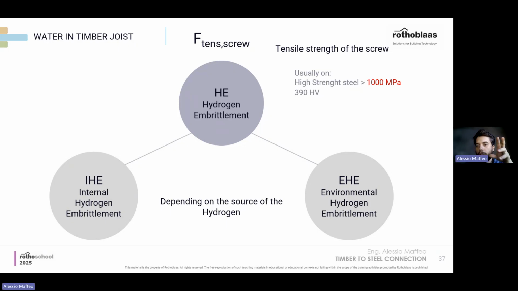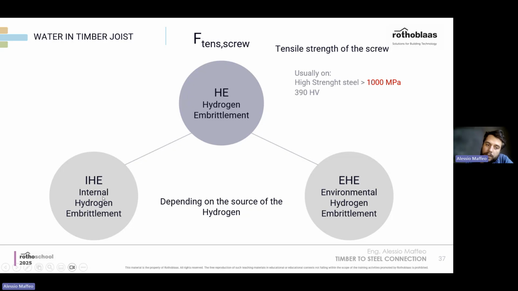So usually there are these words that come out that are hydrogen embrittlement. Hydrogen embrittlement can be of internal sources, so during the production. The internal hydrogen embrittlement failure only happens in the first few hours or days after the installation.